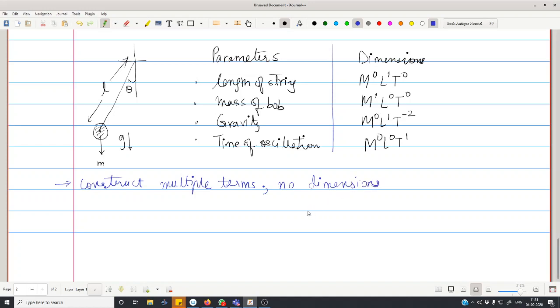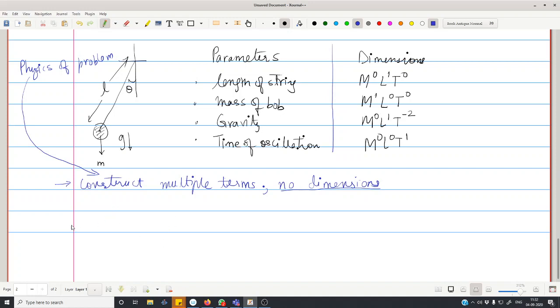If we can construct multiple terms which have no dimensions, then we can say that the physics of this problem will depend in some functional form on the multiple terms that we derive which will have no dimension.